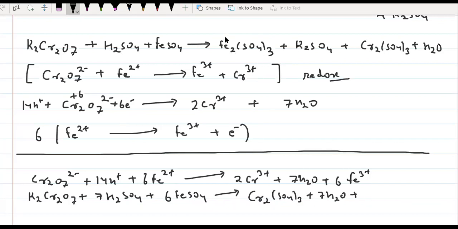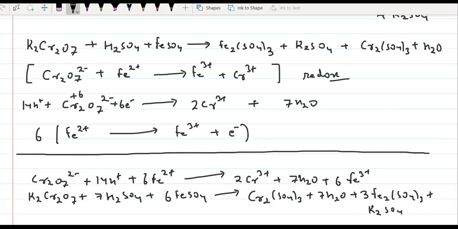So 3 moles of Fe2(SO4) whole thrice will give 6 moles of Fe3 plus. So it is 3 Fe2(SO4) whole thrice plus. Now we are left with what? Potassium. So K2, and here it is just K2SO4. As simple as that. Got it?